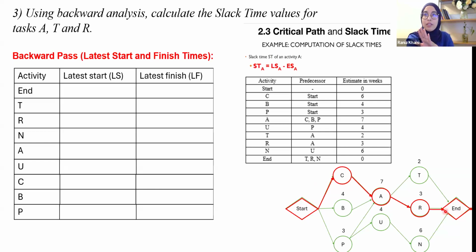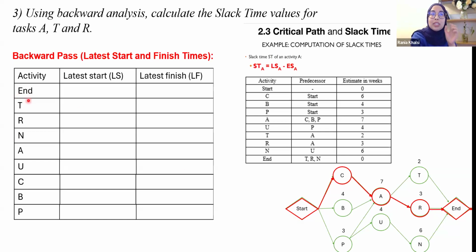Now, for the backward analysis, we go from the end to the start. We go from the back to the start, okay? So to make this more clear, I respected the order from the back to the start in this table, okay?